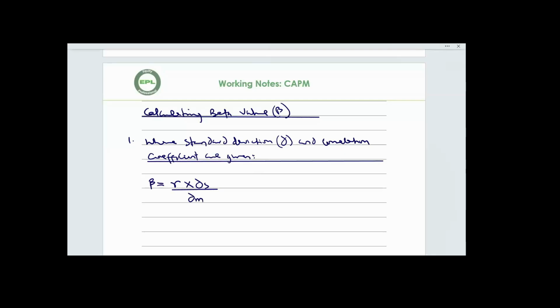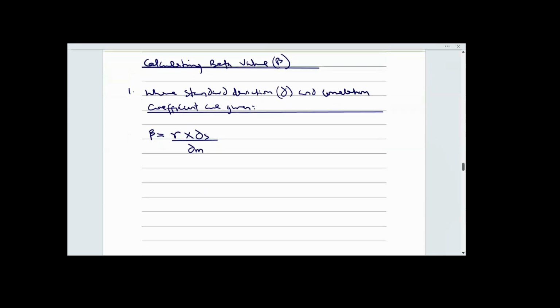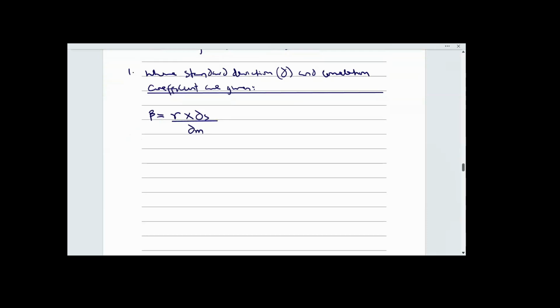So this is the formula that you are supposed to use to calculate your beta value. So like I said, this formula will be used if in the question you are given standard deviation and correlation coefficient, which is R. Correlation coefficient R are given.